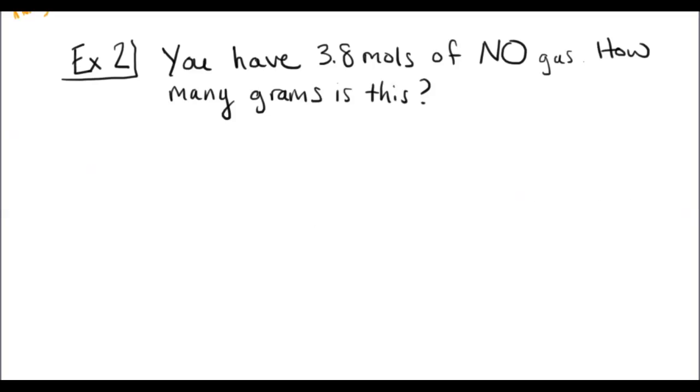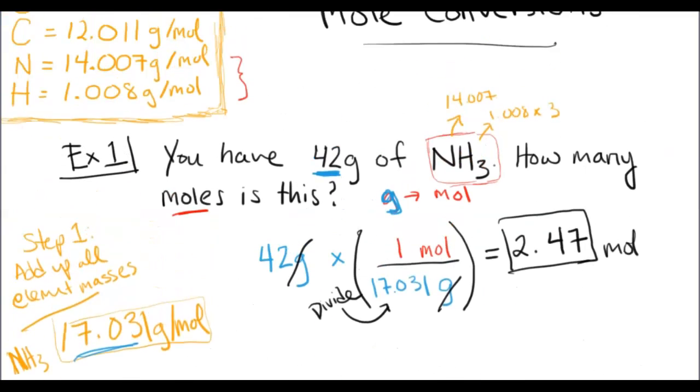So you have 3.8 moles of this NO gas here, and we're wondering how many grams we have. Step one in orange, we need to add up our stuff. So N, that's 14.007. This is why I have it written down.